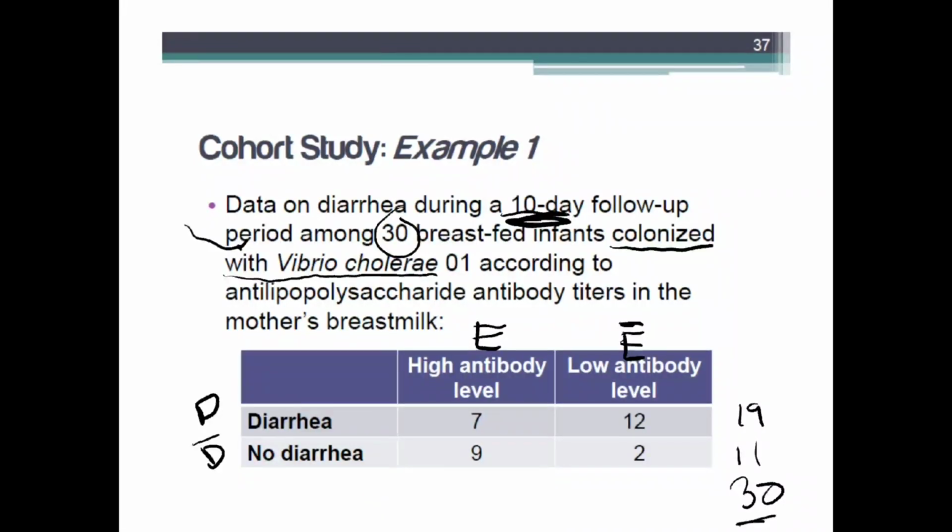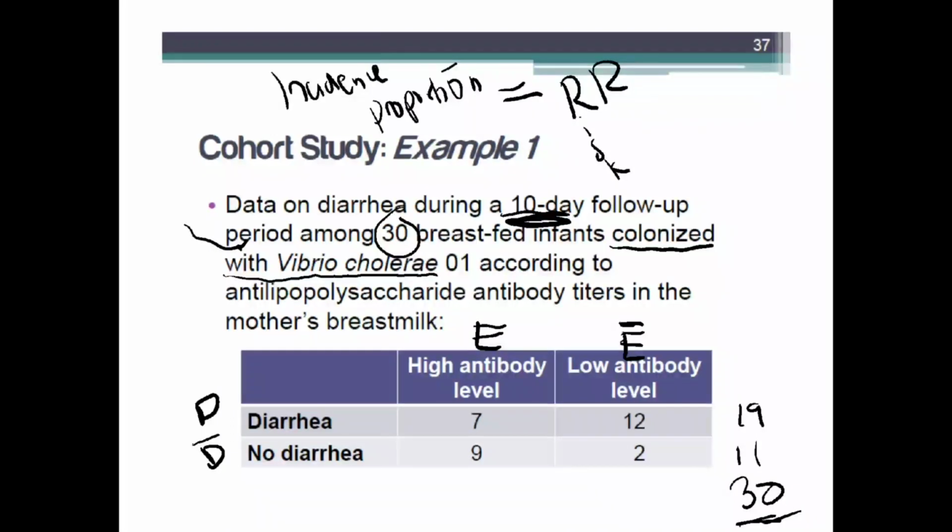So, 30 pa din, ibig sabihin, di nagbago. Fixed yung population mo. Okay? So, this is incidence proportion. And since this is incidence proportion, ang magiging computation natin for the measures of disease association is risk ratio. No? Risk.